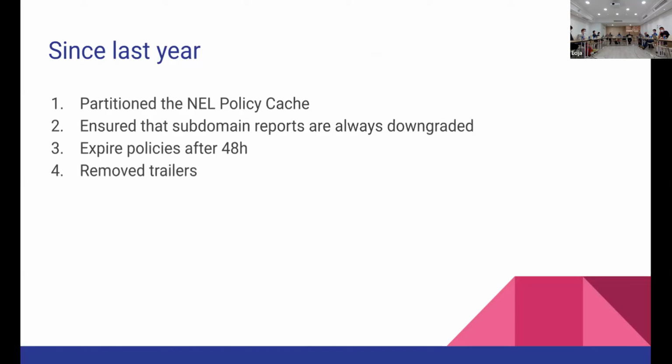We've taken steps to ensure that subdomain reports are always correctly downgraded to the DNS errors, as they were always supposed to be, but there were errors. We're expiring policies now after 48 hours, so they are no longer long-lived, essentially with unlimited lifetimes. And we've removed trailer support, so HTTP trailers were included in this. This is all part of an effort to rebuild NEL on top of Fetch. I'll get to that in a minute.